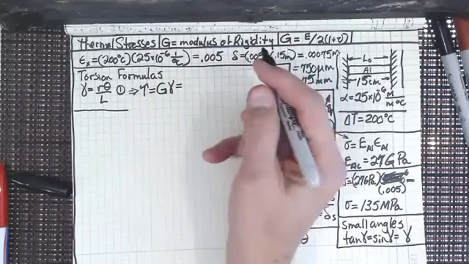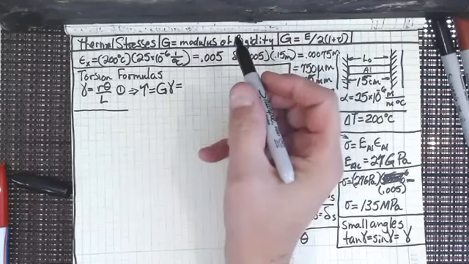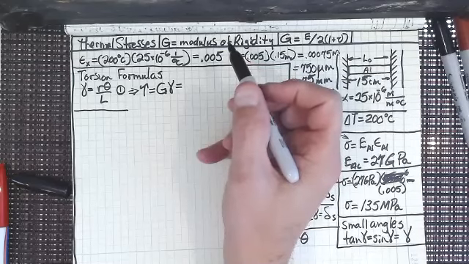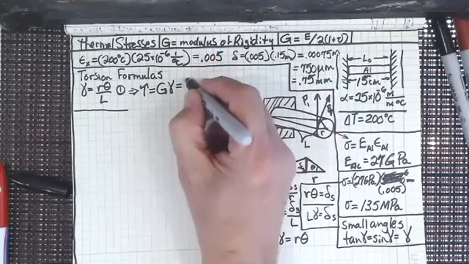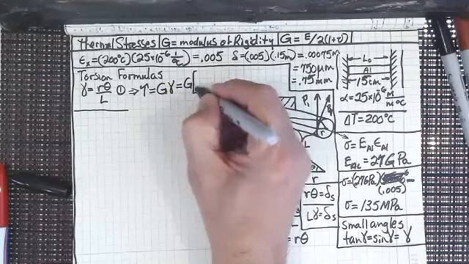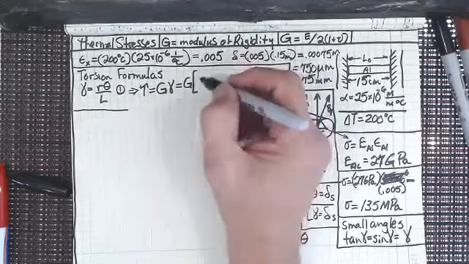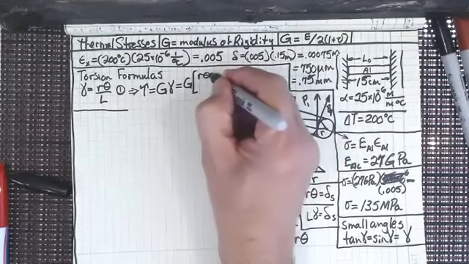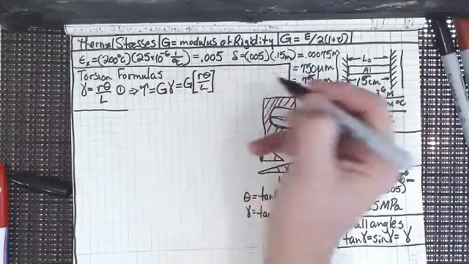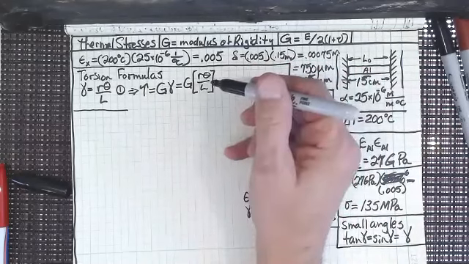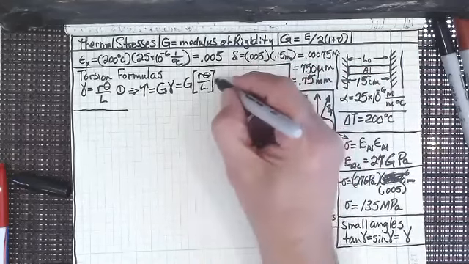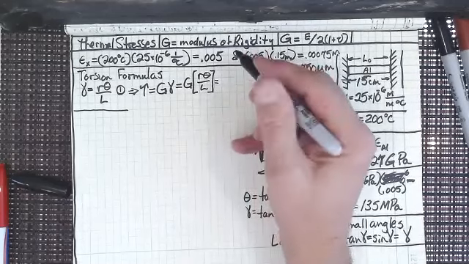So let's substitute in for gamma what we had for gamma. So I've got G times, and then what is gamma? R times theta divided by L. All right, so that's what we have. I want to rearrange that a little bit.